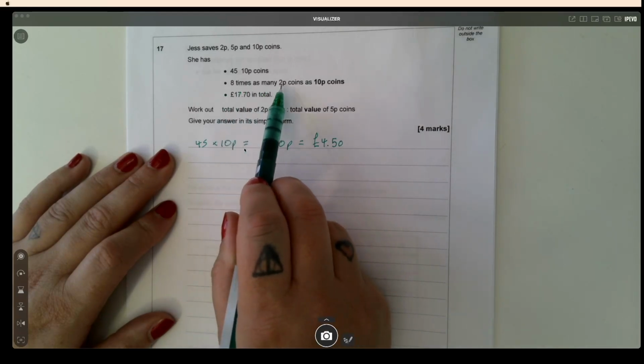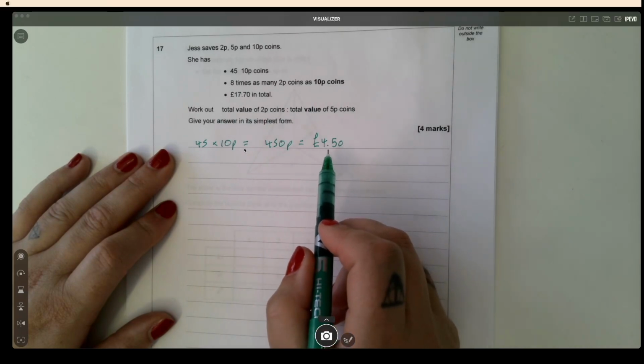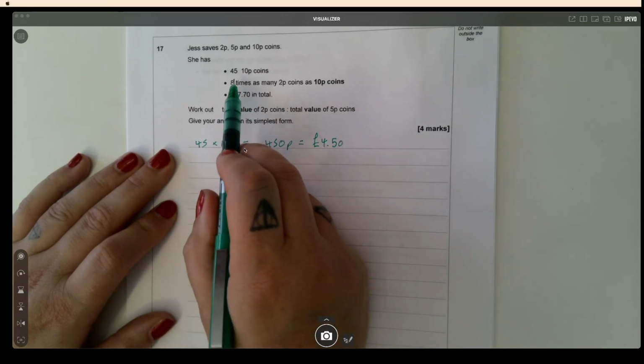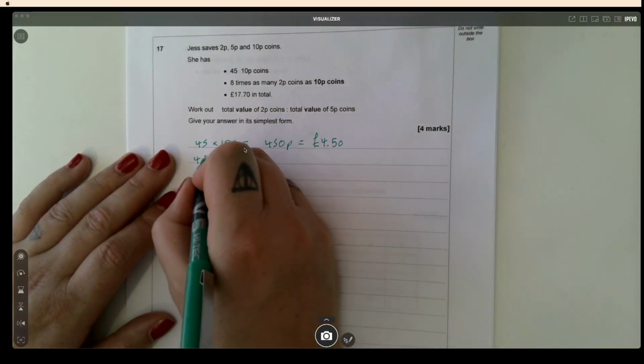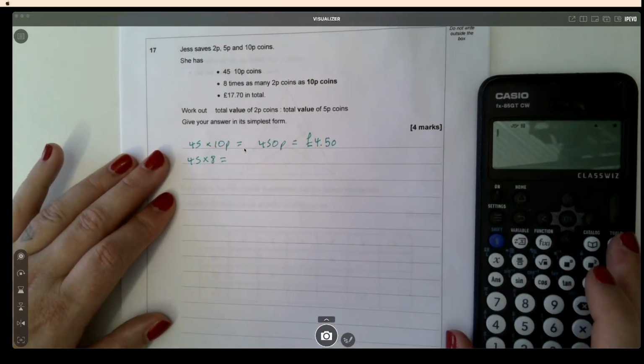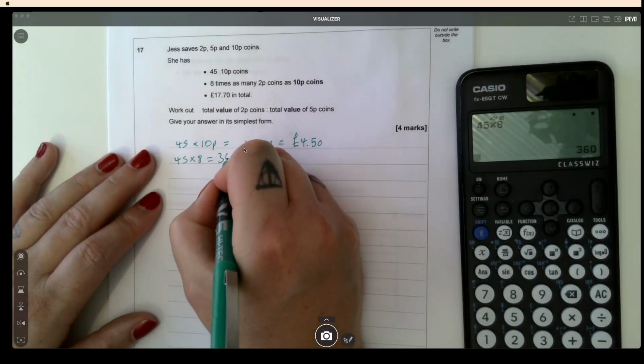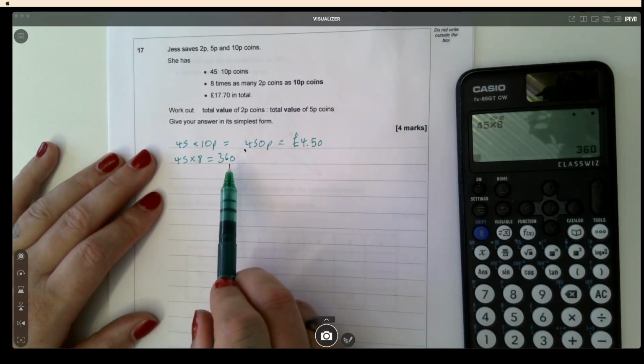She has 8 times as many 2p coins as 10p coins. So if she's got 45 10p coins, 45 times 8, remember it's a calculator paper, is 360. So Jess has 360 2p coins.